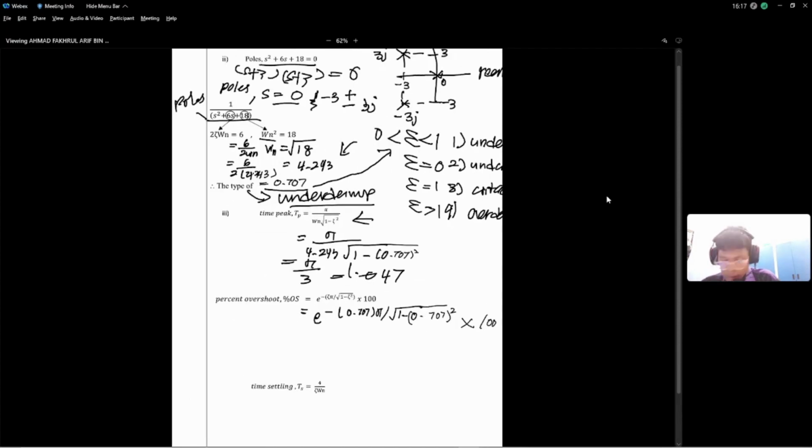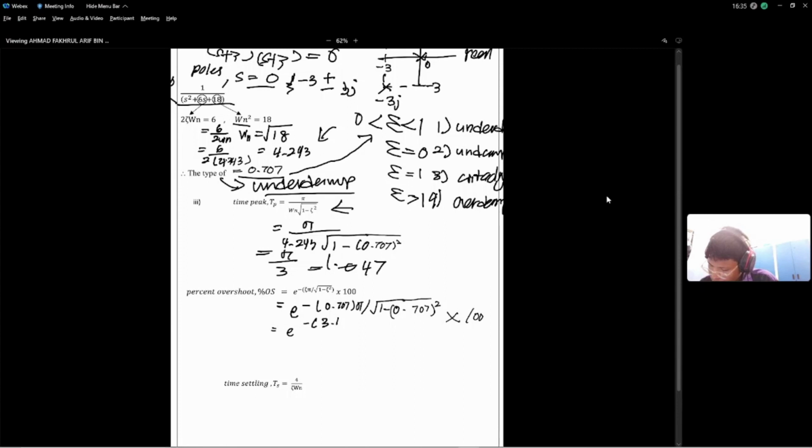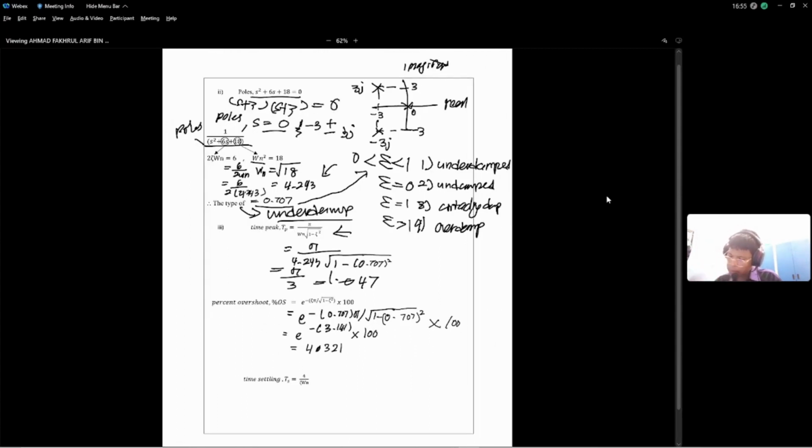So we get exponent negative 3.141 times by 100. Okay, so we will get 4.321. 4.321.